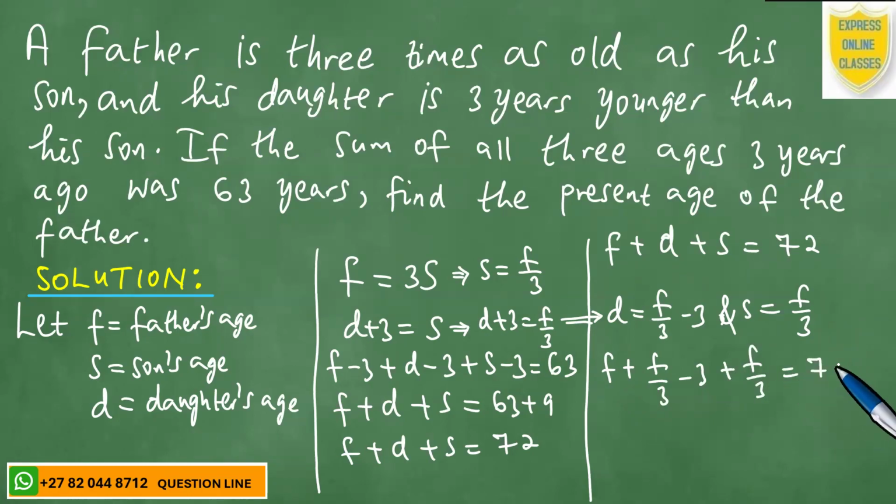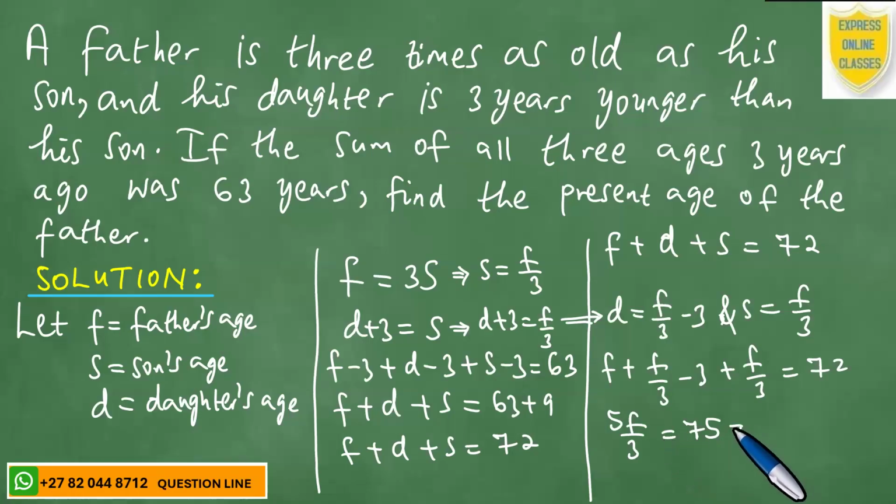The result is 72. And so what exactly do we achieve out of this? So we have F plus F over 3 plus F over 3, which is exactly 5F over 3, which is equal to 75.